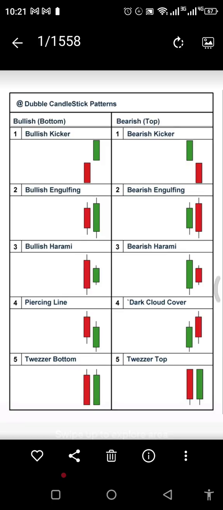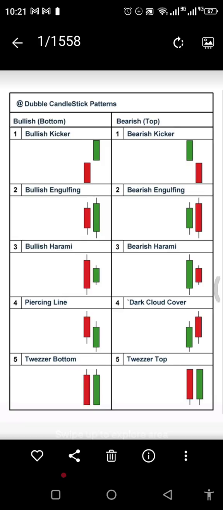Then the next one you see on the bullish is called the bullish engulfing. Now the bullish engulfing is one of the primary signals you find on charts. It is one of the most occurring signals. Okay, like I mentioned, when it comes to forex trading, there are a lot of things that happen more often in the market, and there are some you can't even find often.